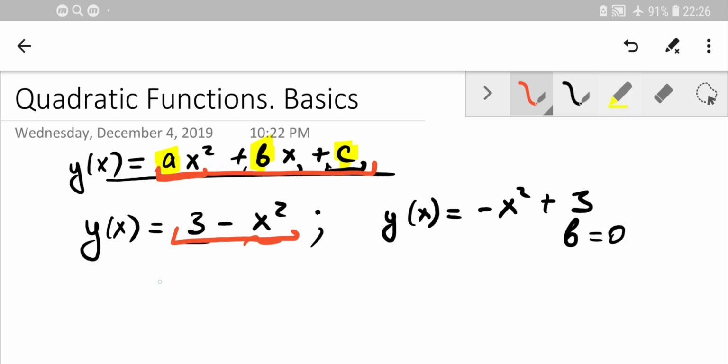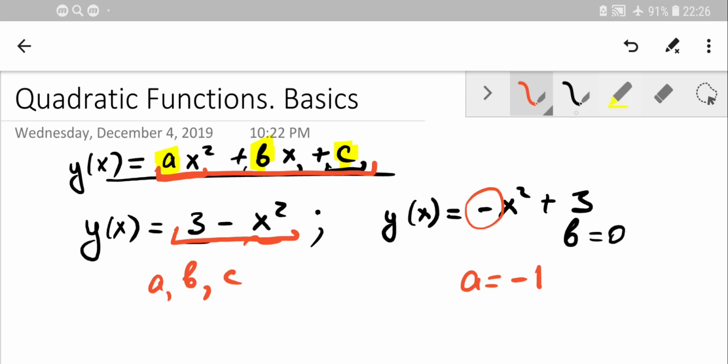So let's define coefficients a, b, c just by comparison. We know that a, the leading coefficient, stays before x squared, and since you have the minus here, you can say that a is minus something. Minus which number? Because a, b, c should be numbers.